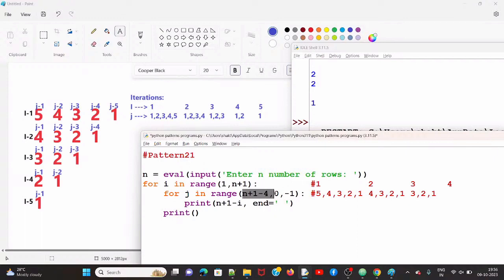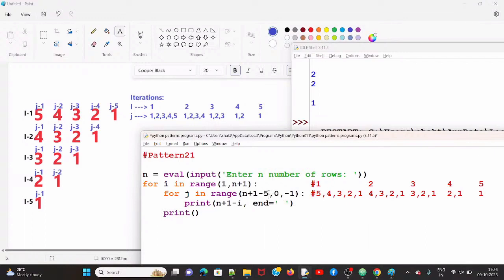Starting 2, 2 to 1, right? So 2 and 1 will come. When i value is 5, replace by 5. n plus 1, 6. 6 minus 5, 1. So range 1 comma 0, so 1 only. Iteration only 1 will come.